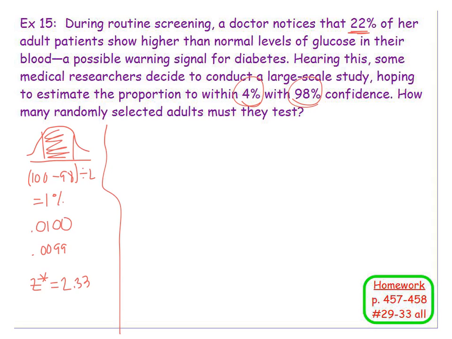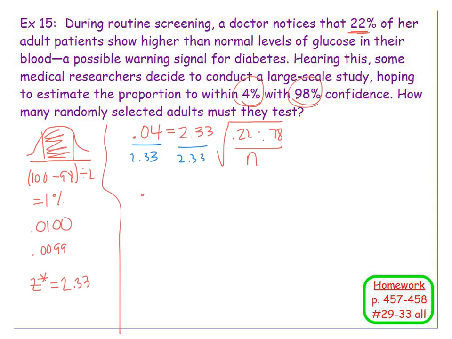So my margin of error is 4%, so 0.04 equals, my z-star is 2.33, square root, my p-hat is 22%, so 0.22, times the leftovers from 100% are 0.78, divided by n, which I don't know. So now we're going to start by dividing both sides by 2.33.